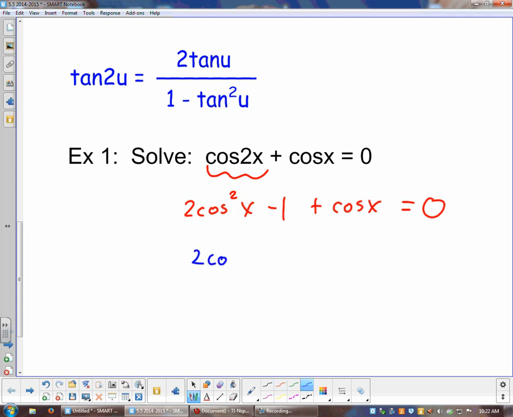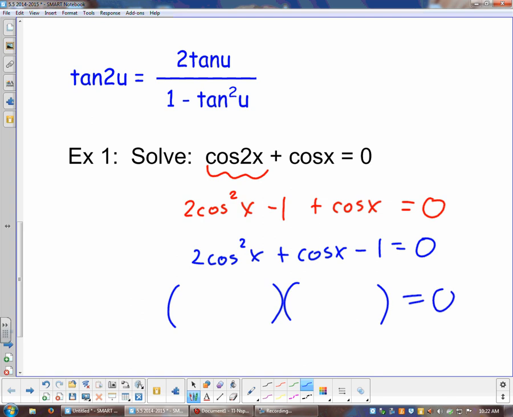Then, do I use product sum, or can you just guess and check? Product sum. Okay. Product is 2 times the negative 1, so that's a negative 2. Sum is 1. So the 2 numbers that I would want are positive 2 and a negative 1.